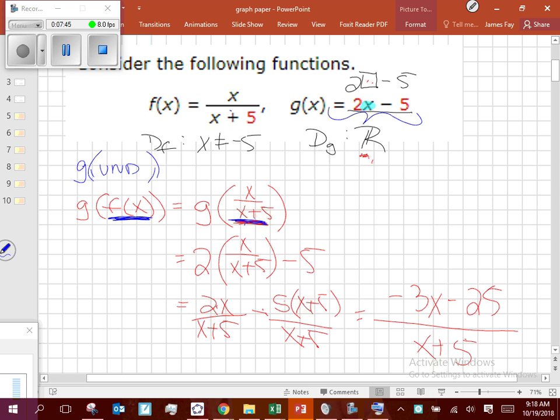So that's why we have to look at this input, and the restrictions in that first input need to be restrictions for this domain. So x cannot be negative 5 in that domain at the bottom. Now, we look at that and ask, is there anything else that shows up? Are there any other restrictions in that final composition? Just negative 5, right?